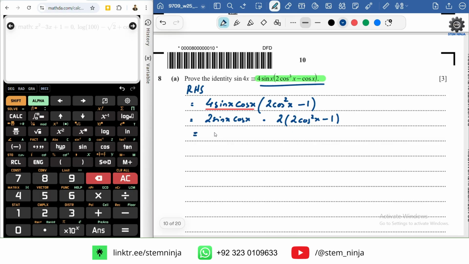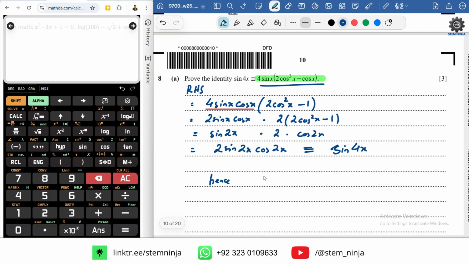This one is sine 2x, this remains as it is, and this is your cos 2x. So basically this is 2 sine 2x cos 2x, which is identical to sine 4x.